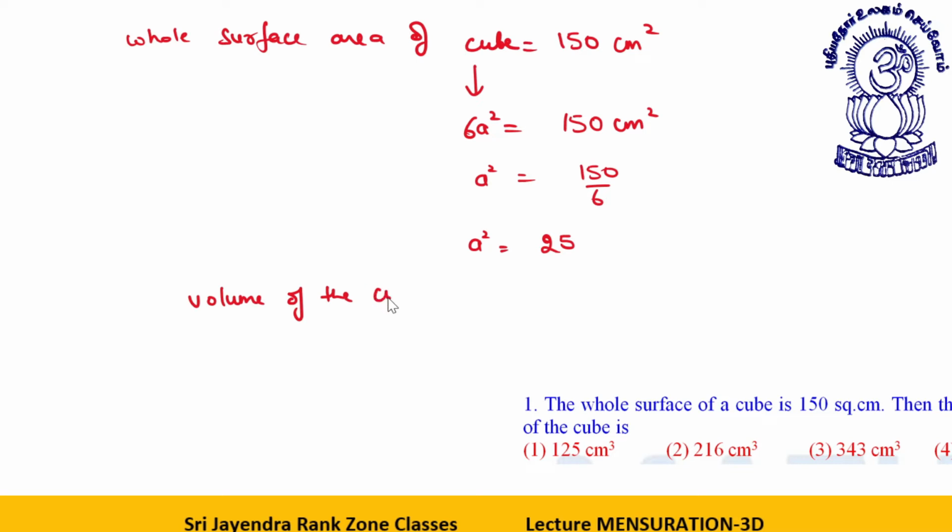Volume of the cube is equal to a cube. From here I gather a is equal to 5. A cube will be 5 into 5 into 5. I can very easily say this as 125 centimeter cube. Option number 1 is your answer.